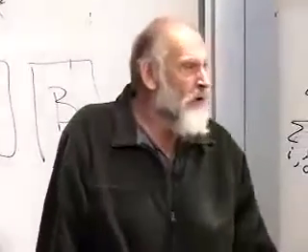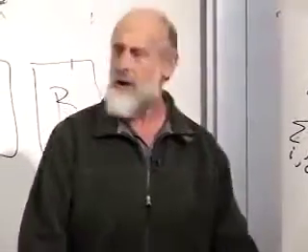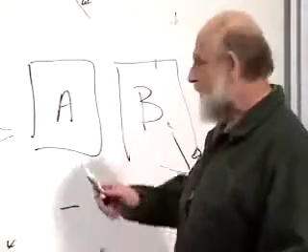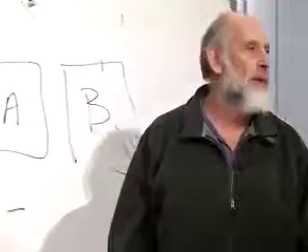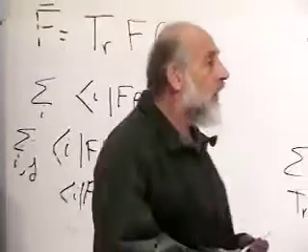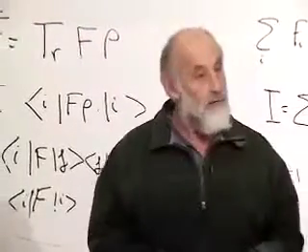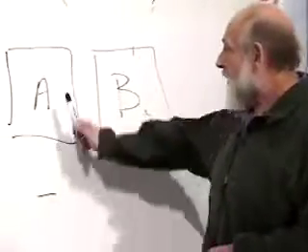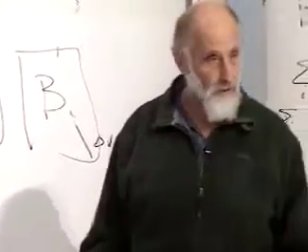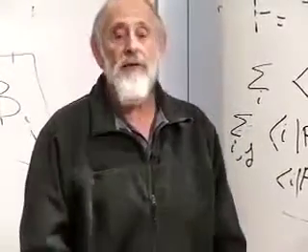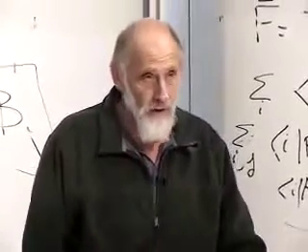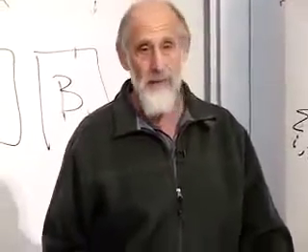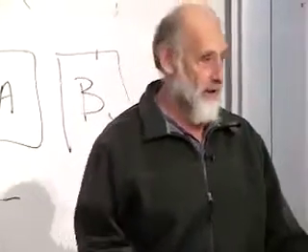There must be some description that you can use for A, which contains all possible experimental information that you could do on A if you're never interested in also looking at B, if you don't look at B. And the answer is you use a density matrix to describe A. If A and B are entangled, then the density matrix will have entropy. If A and B are not entangled, it will not have entropy.